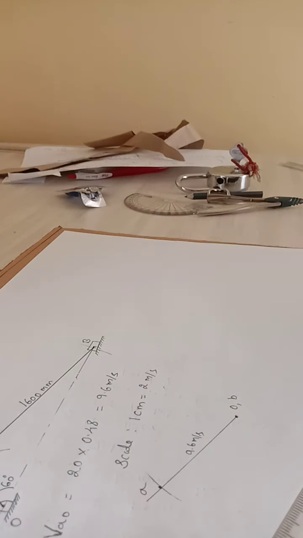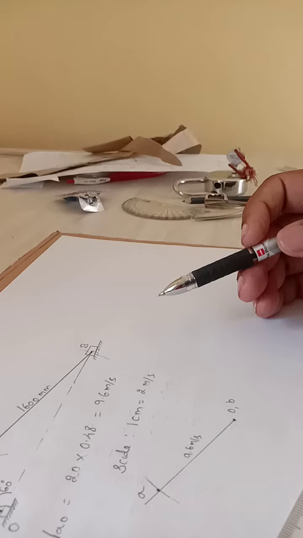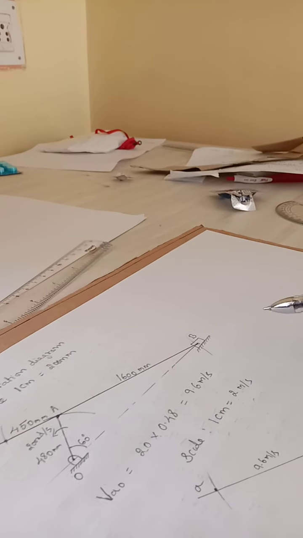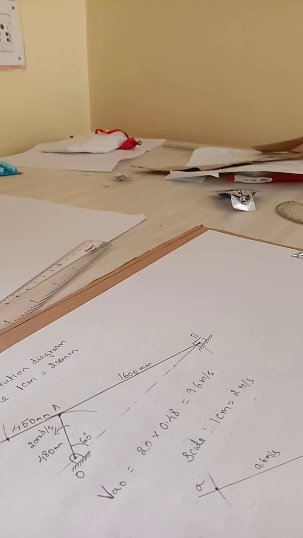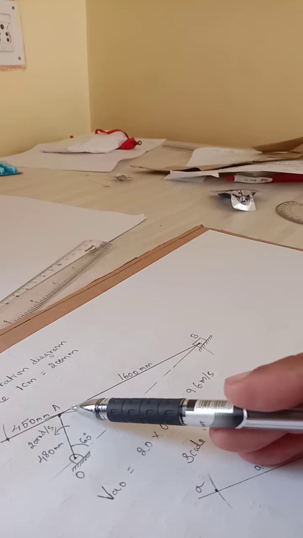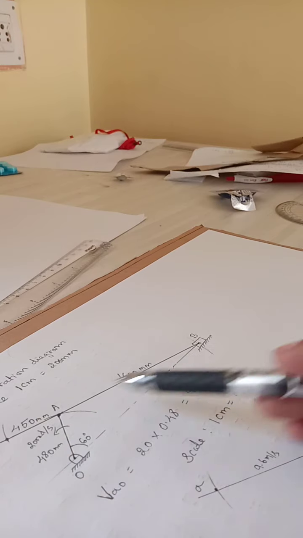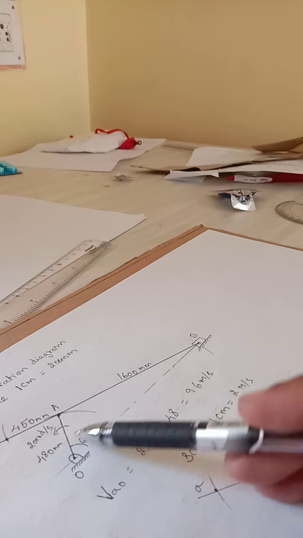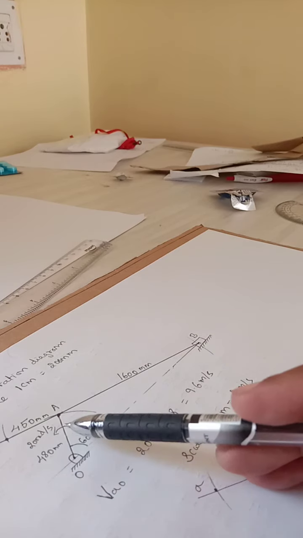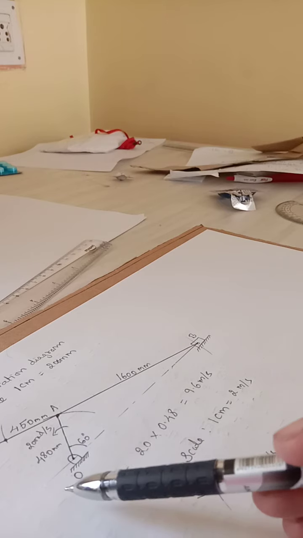And next, from A, I don't know this AB, the connecting rod. Since I have to draw the vector, I don't know the magnitude of AB. So what happens when this link OA rotates at 20 radians per second in the counterclockwise direction?